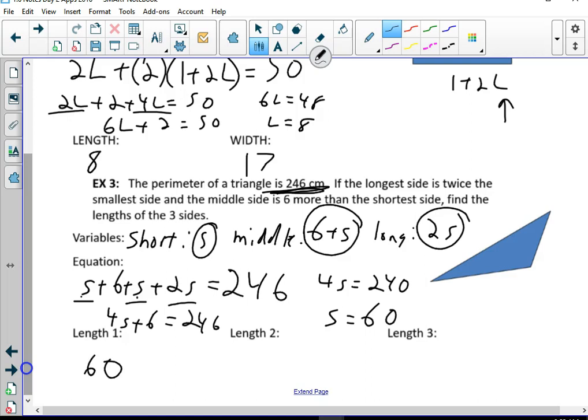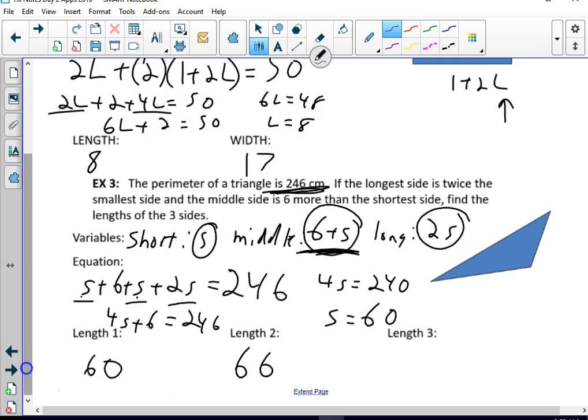What's the middle side? If S is 60, what's the middle side? 66.